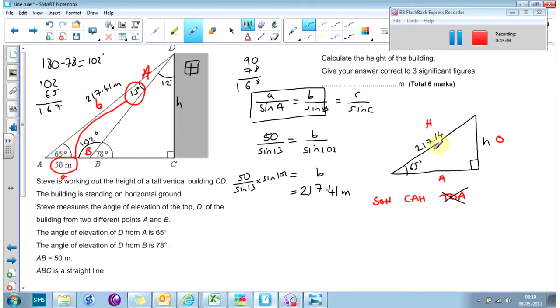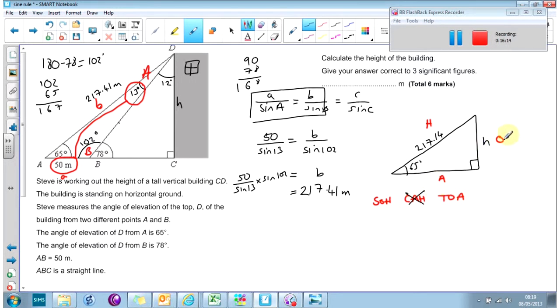Well, my apologies. We're not working out h, are we? We are working out o. And you can see now a demonstration of why it's very dodgy when you've got a letter that is the same as one of your labels in your formula. So we don't want to work out h, we want to work out o, which rules out CAH. So it's between SOH and TOA.